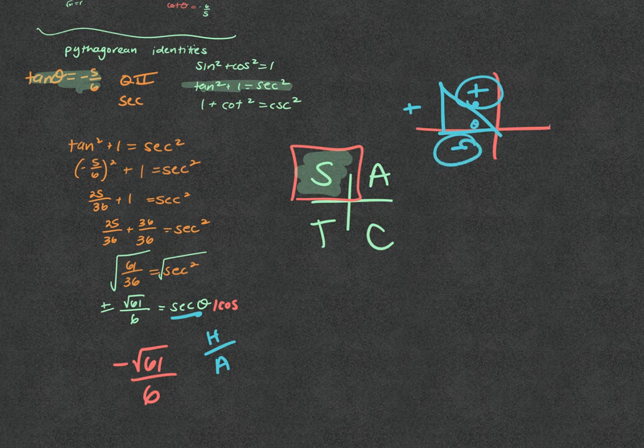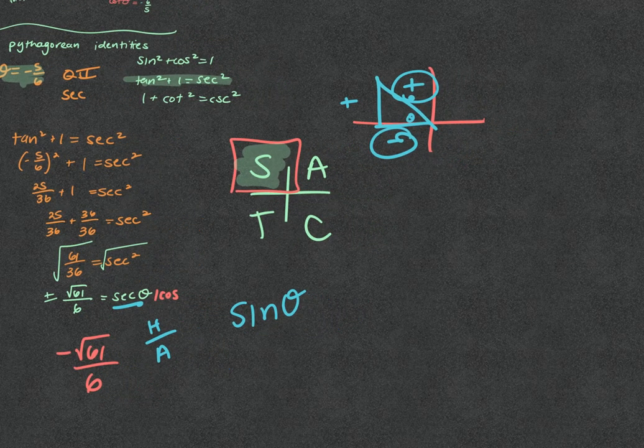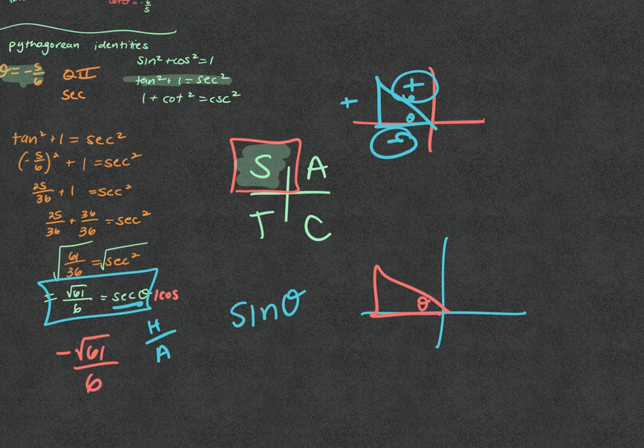Yep. So if it had asked, let's say it asked for sine after all of that, I would use this ratio, or I could use the tangent ratio at the beginning. It doesn't matter which one. I would use that ratio to fill in my triangle.